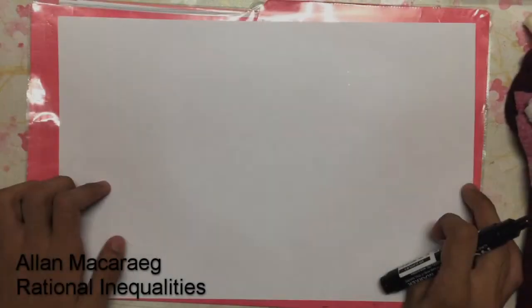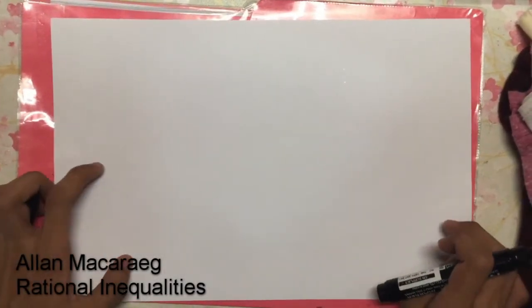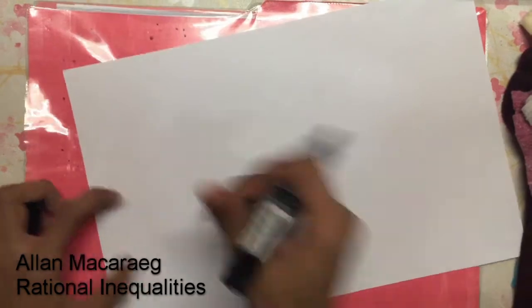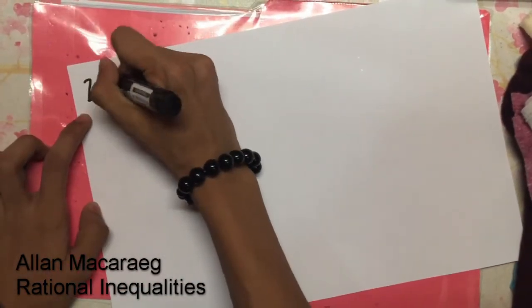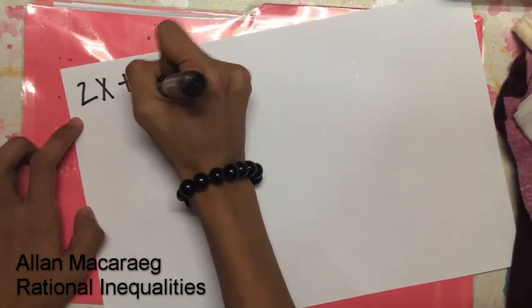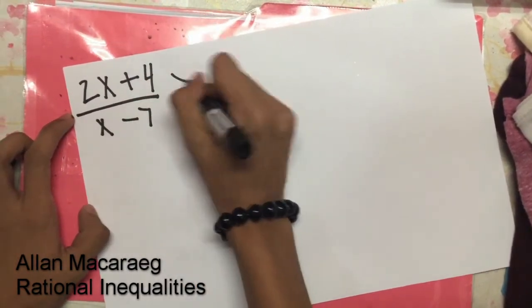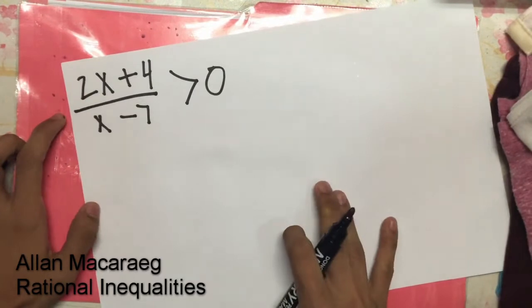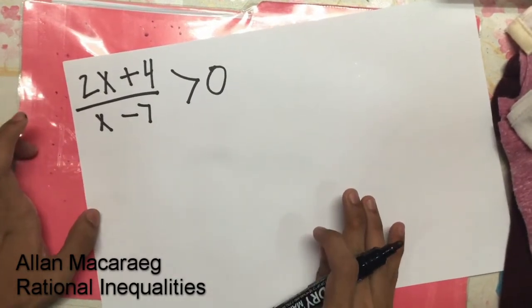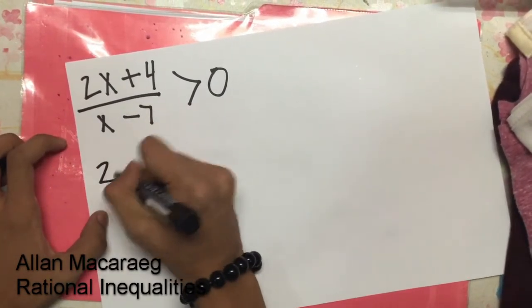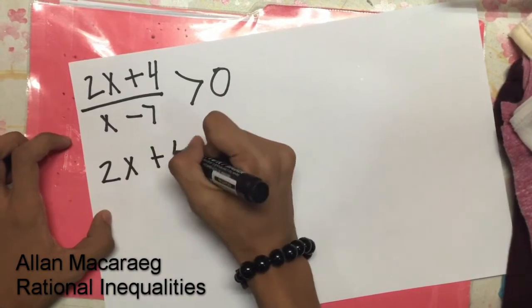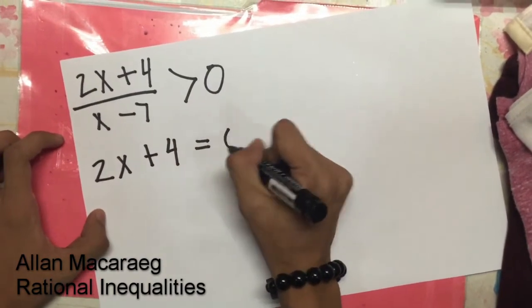Hi, I will teach you how to solve rational inequalities. First, let's have a given. 2x plus 4 over x minus 7 is greater than 0. First, let's solve for the numerator. 2x plus 4 is equal to 0.